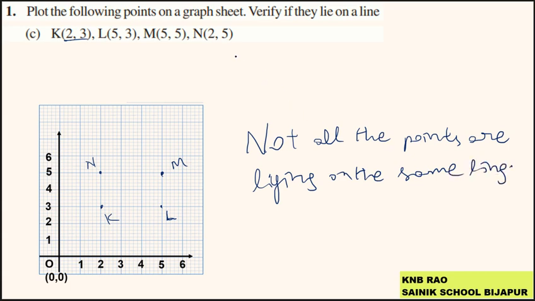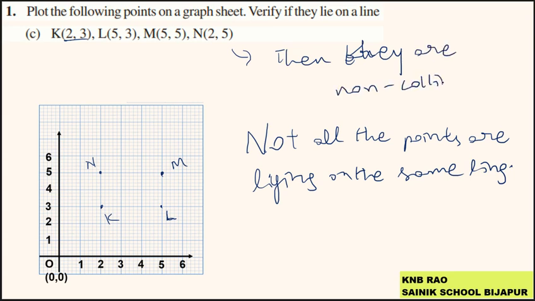That means they are non-collinear points. We say non-collinear points if 3 or more points are not lying on the same line. Okay. This you have learnt in your class 6th, 7th: collinear points, non-collinear points.